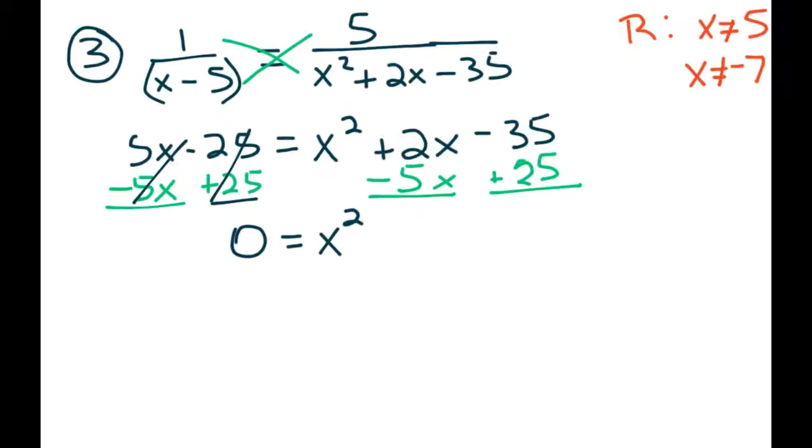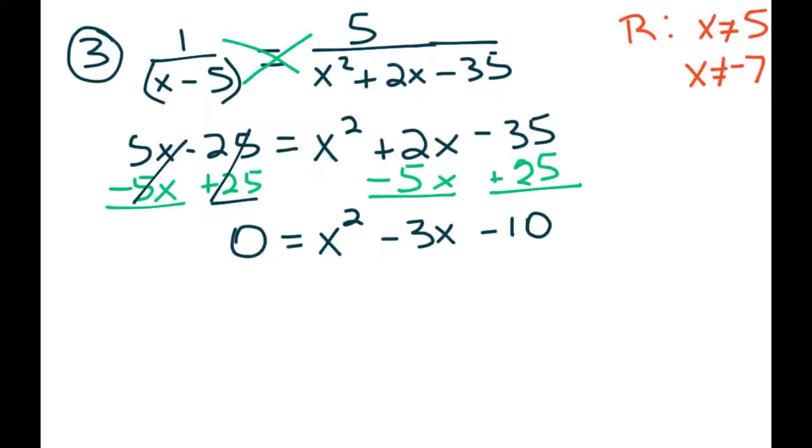I have a positive 2x minus 5x, which is leaving me negative 3x, and then a negative 35 plus 25, which leaves me a negative 10. So right now I have a quadratic trinomial equal to 0.